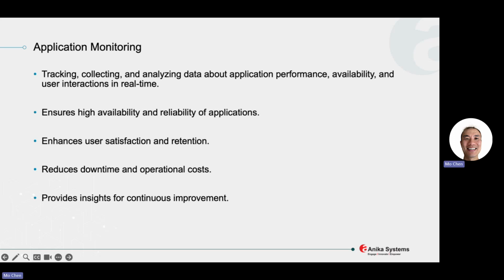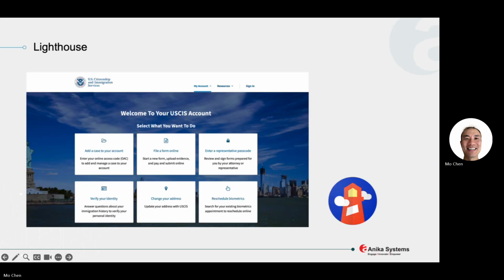Besides, we need to balance the cost with performance goals, which is going to be discussed at the end of this presentation. For assessing and optimizing web applications, ensuring they meet modern standards for performance, accessibility, and user experience, we bring Google Lighthouse into our CI/CD pipeline.